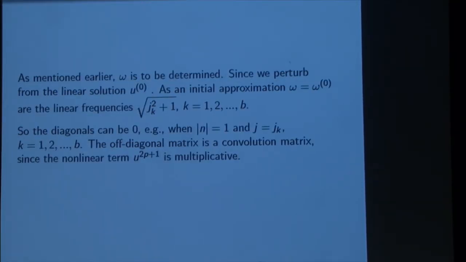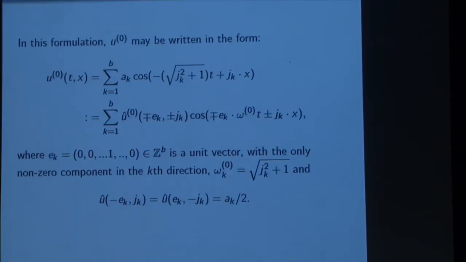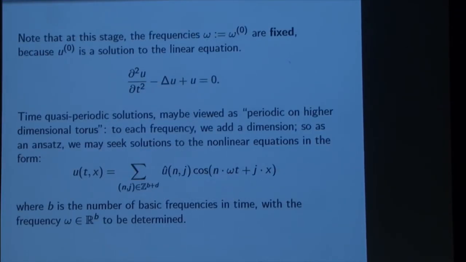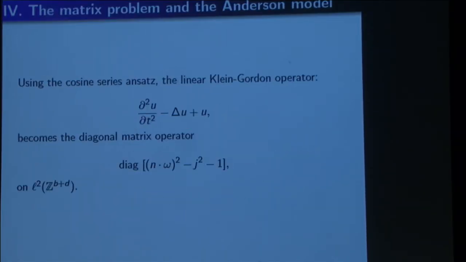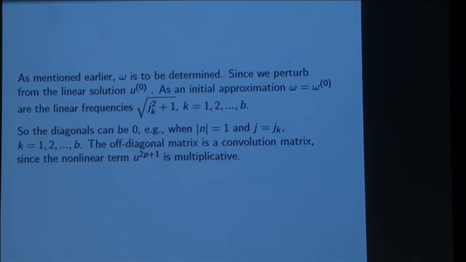As mentioned earlier, maybe I skipped the slide. Now, for the nonlinear problem, omega is to be determined. It's going to be modified by the nonlinear term. For the linear problem, omega is independent. Later, omega needs to be determined.